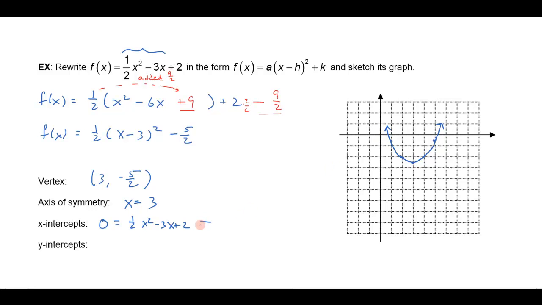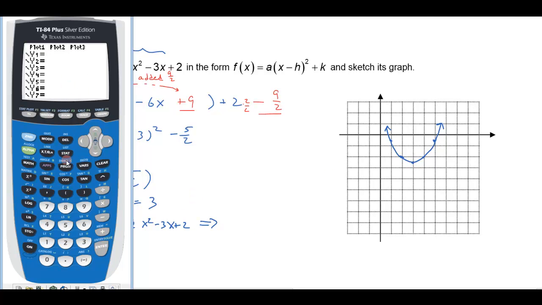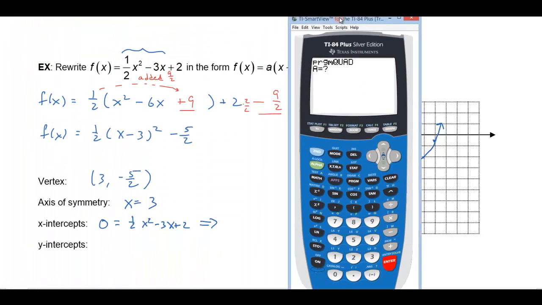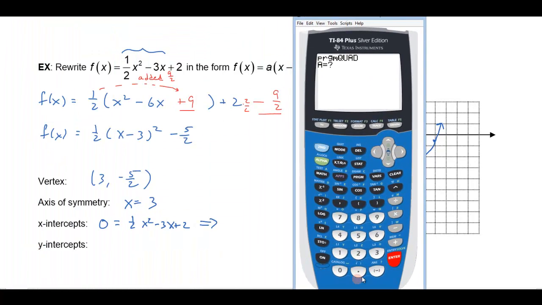So I think what I'll do is I'll just use my quad program on my calculator, and let's plug in here a half for A and negative 3 for B and 2 for C. And yeah, sure enough, that's not a very nice number, is it?